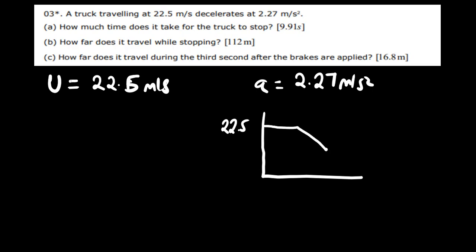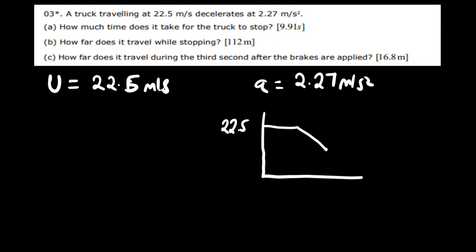If we're going to find how much time it takes for the truck to stop, what are we going to do? We have to first find the time it takes for the truck to stop.